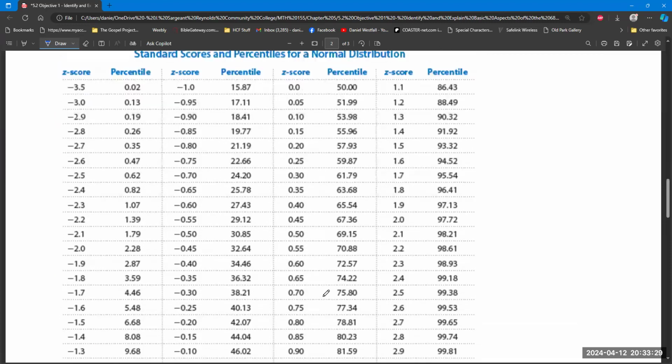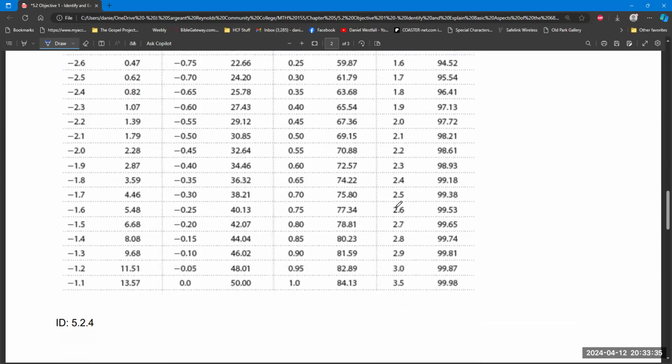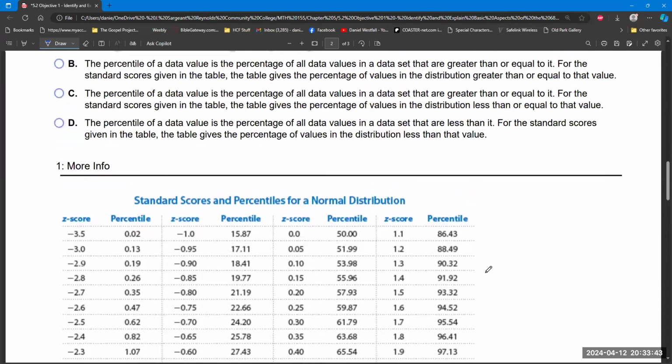So we say that anything that is less than negative 3.5, we're just going to call that 0% to the left, and anything greater than 3.5, we're going to call that 100% to the left. Even if those numbers aren't on your table, we'll make that assumption.